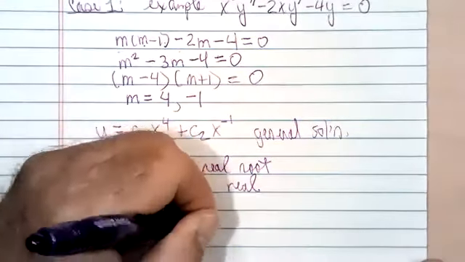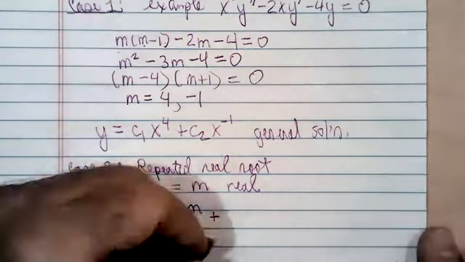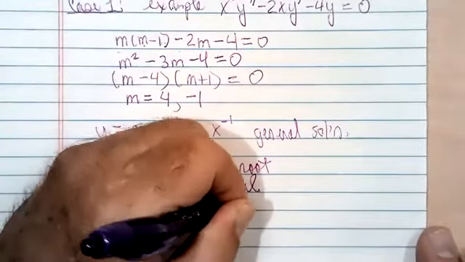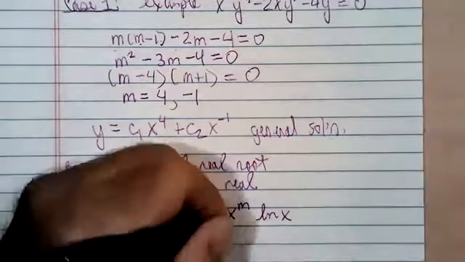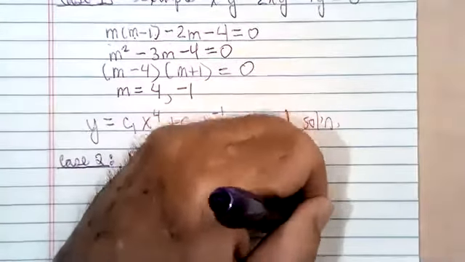What isn't so predictable is just like last time with the constant coefficient equations, when you had an exponential, I said, well, instead of e to the x, you take x e to the x, and that'll work. Well, it's something like that here. Instead of x to the m, it will be x to the m times the log of x will be the other solution, and I need a constant in there. That is the general solution.